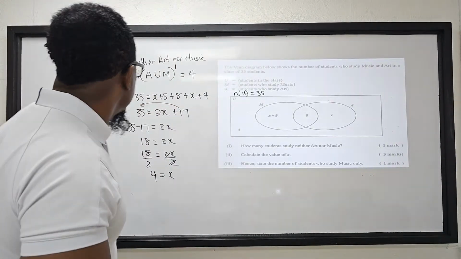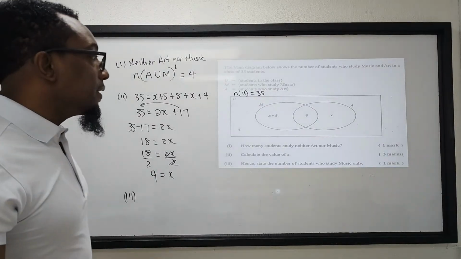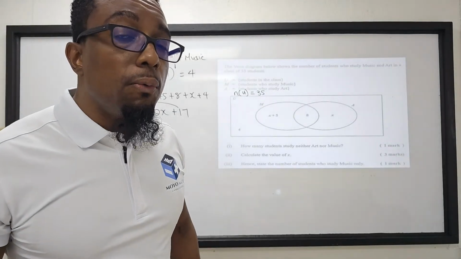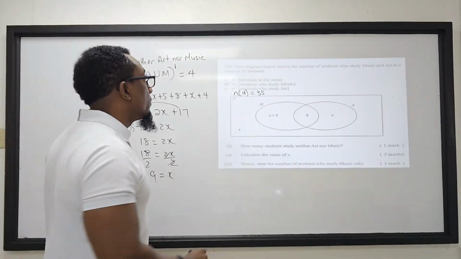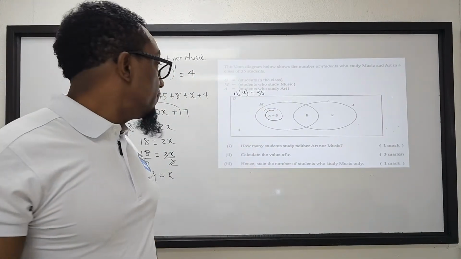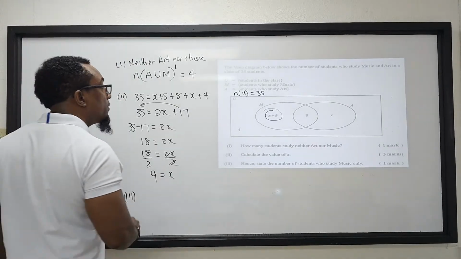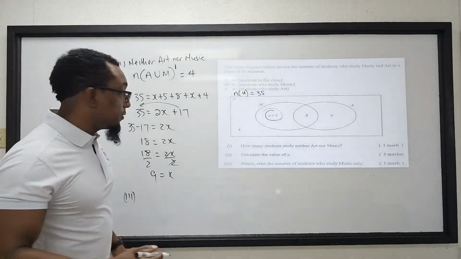And part 3, they ask us to hence state the number of students who study music only. So music only will be this region here. X plus 5, we found X to be 9. Yeah? So the number of students who study music only, and I write it as a set notation.